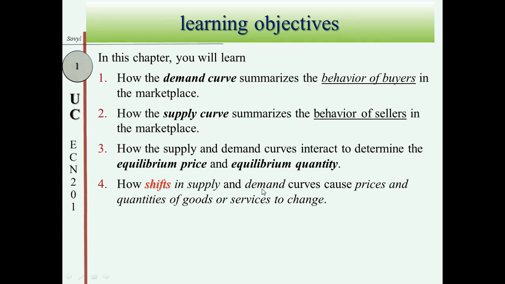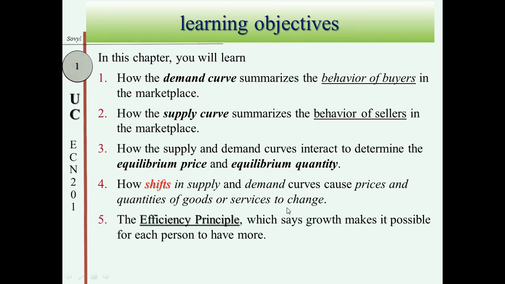Because when we're talking about the demand curve or supply curve, we're talking about the graph that shows us the demand curve, the graph that shows us the supply curve. So when the demand curve and supply curve move to the right hand side or the left hand side, the equilibrium price and equilibrium quantity will change from the original to a new one. That's why they change here.